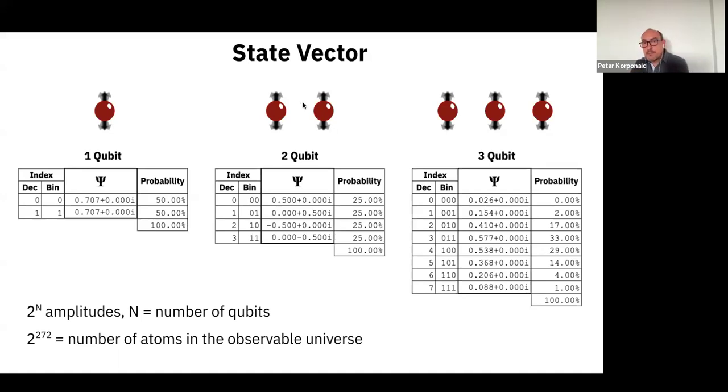Like, if we measure 0 from one qubit, and the other qubit is entangled, then we will read 0 from the other qubit as well.